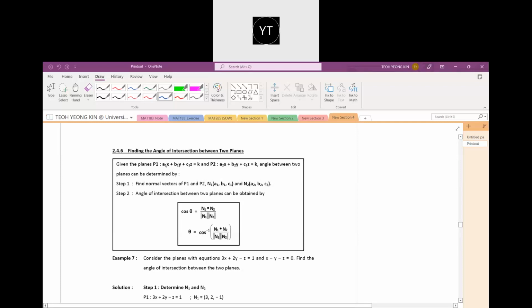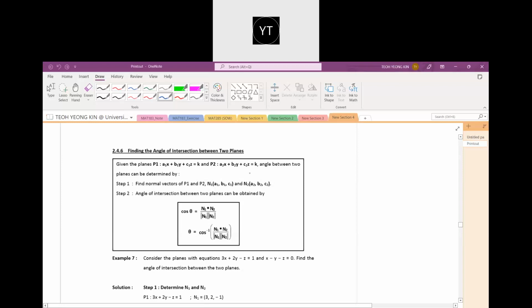So you can see A1 is the coefficient of x, B1 is the coefficient of y, and C1 is the coefficient of z for the first plane, whereas A2 is the coefficient of x, B2 is the coefficient of y, and C2 is the coefficient of z for the second plane, P2.